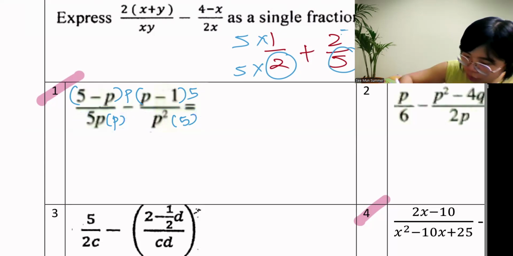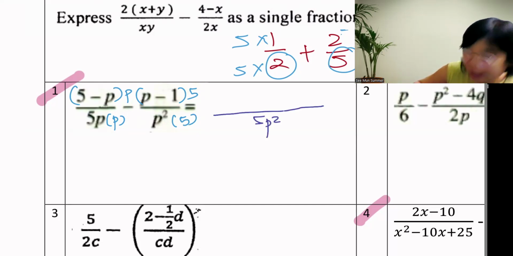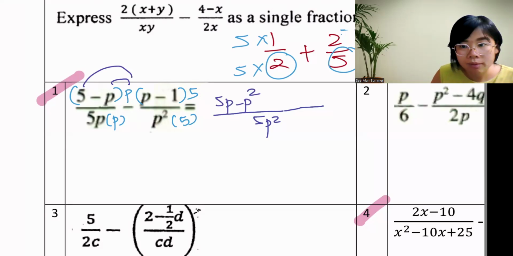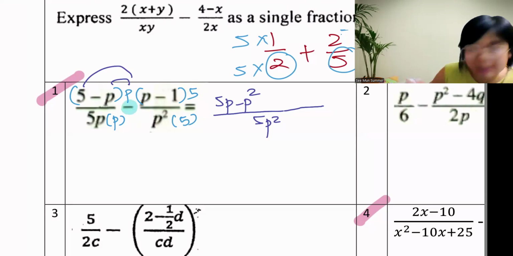So let us do it step by step. Since at the end, I will get 5p squared, I combine together. On top, you need to times together. You remember how to expand, right? So 5 minus p and then times by p. So at the end, 5p minus p squared. And then I want you to highlight the minus here.